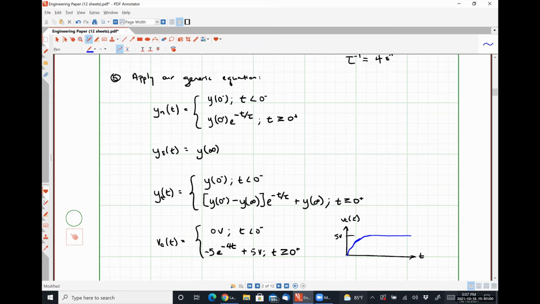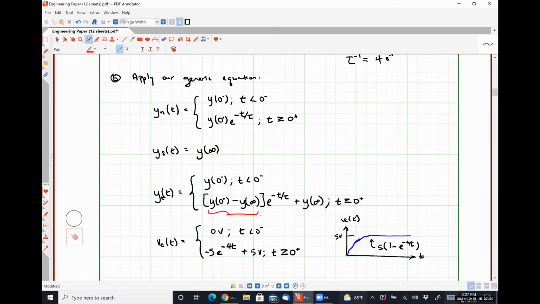This is going to look like 1 minus e to the minus t over tau. So this is telling us how it's charging, okay?